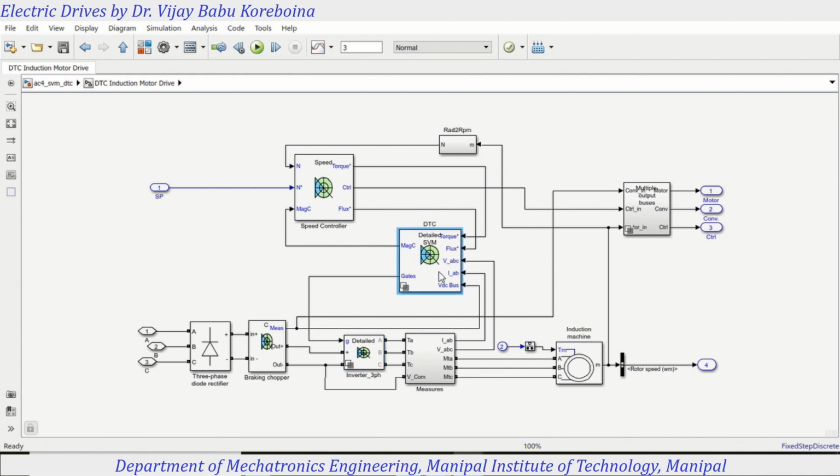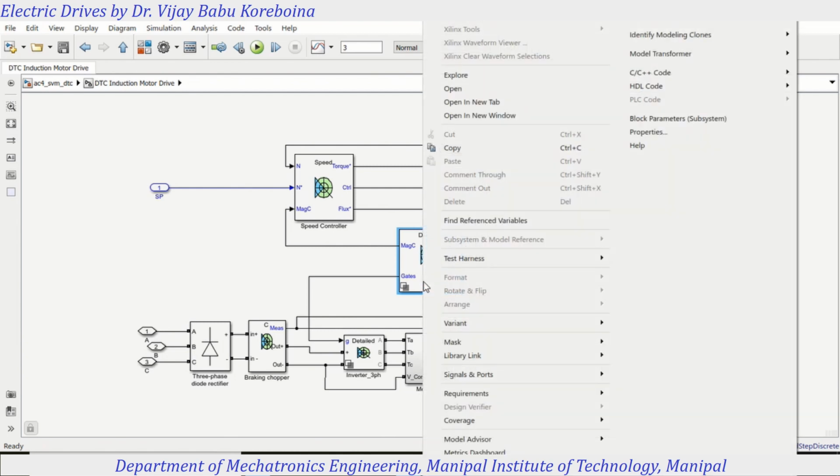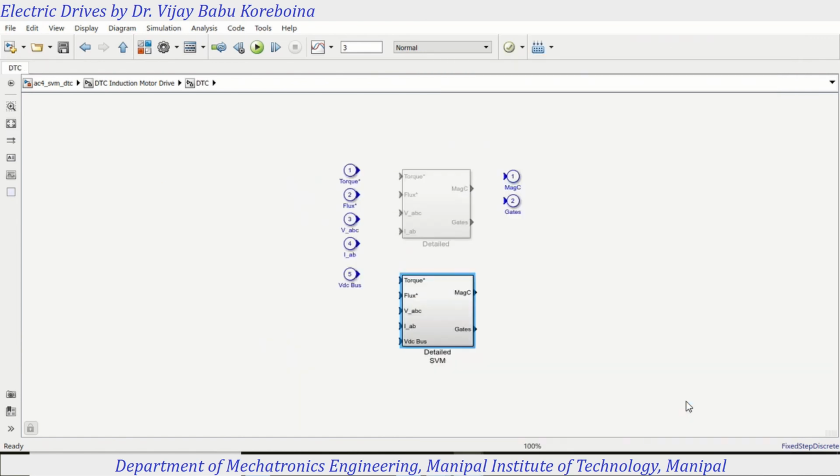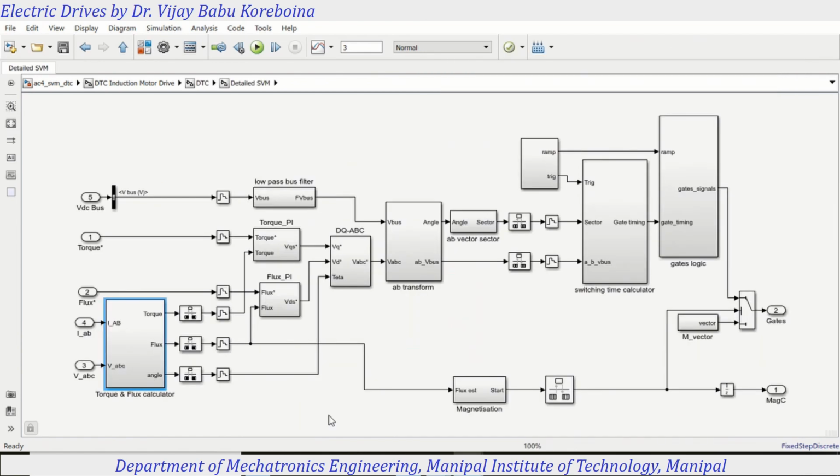Here we can see the DTC. The speed controller will produce the torque reference, and that torque reference is given inside. Let us see what things are inside the DTC control, and the output of that is the switching pulses that are given to the inverter. This is the DTC. Let us go inside the DTC and see what it contains.